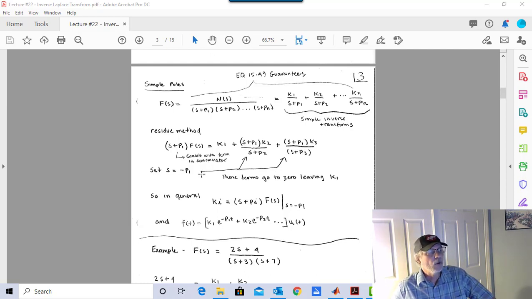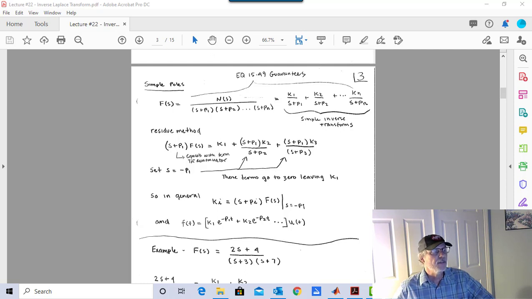So now what I can do is, remember, this S plus P1 canceled out. So if I now set S equal to minus P1, then look what happens. This term goes to 0, this term goes to 0, all the terms go to 0, and I'm left with just K1.